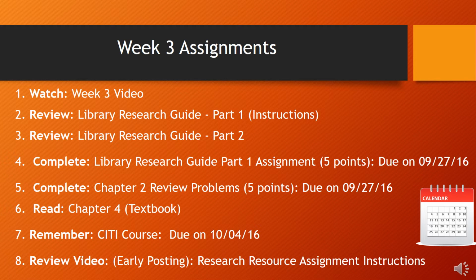Complete the Library Research Guide assignment by creating an interlibrary loan account and uploading a copy of the registration notification form to Blackboard. It may take 1 to 2 hours or 1 to 2 days to receive this notification. Complete the Chapter 2 review problems. Read Chapter 4 for next week's lesson. Remember to complete the CITI course.